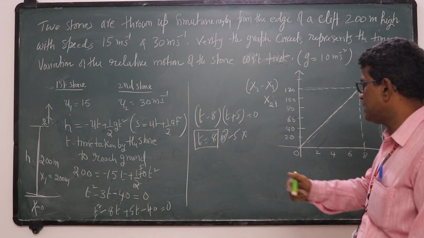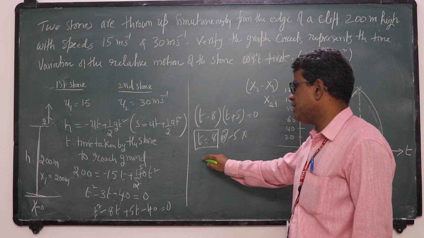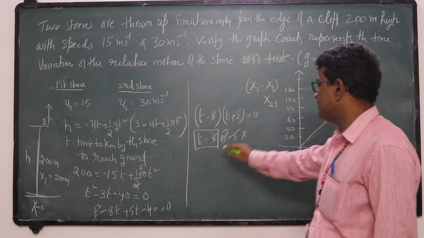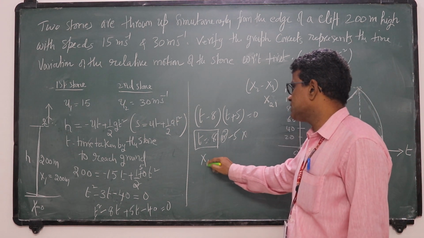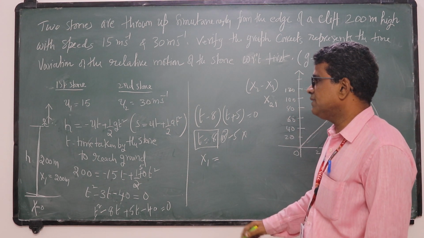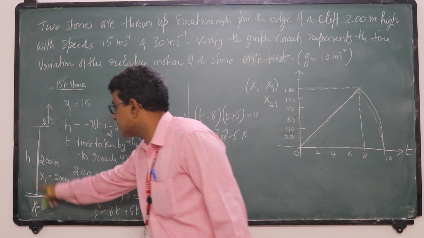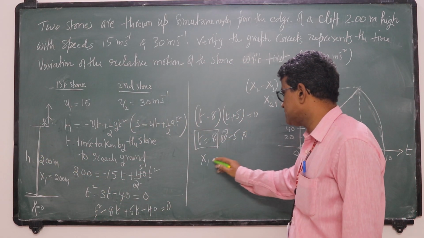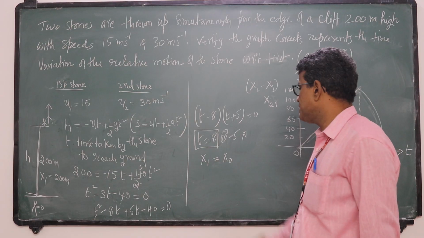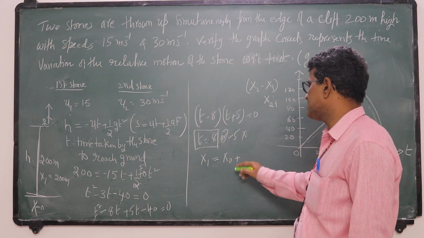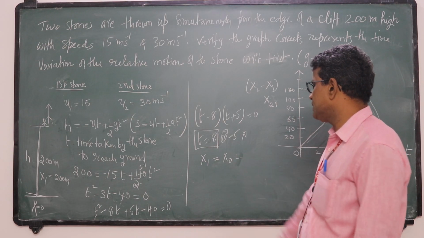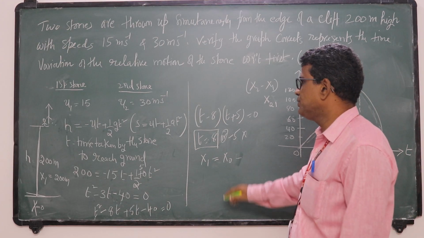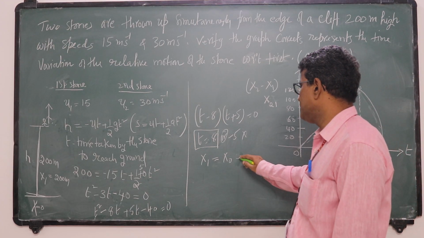We have to calculate the separation x2 minus x1. So what is x1? x1 is x0, the initial position, plus you get ut.